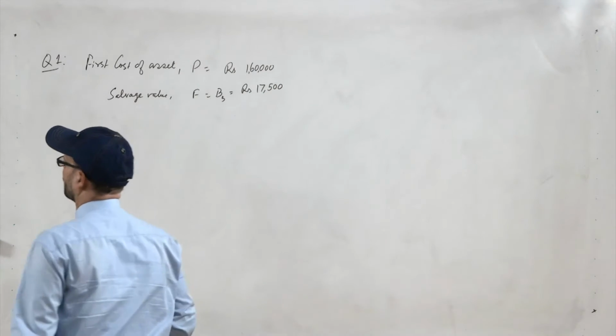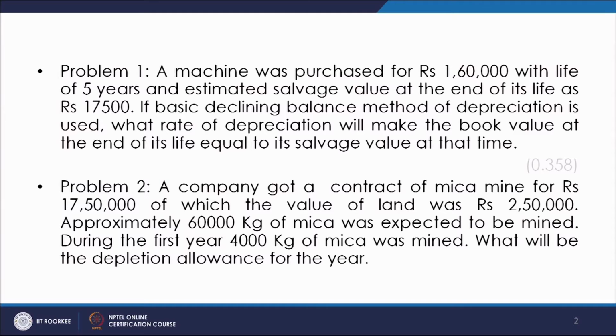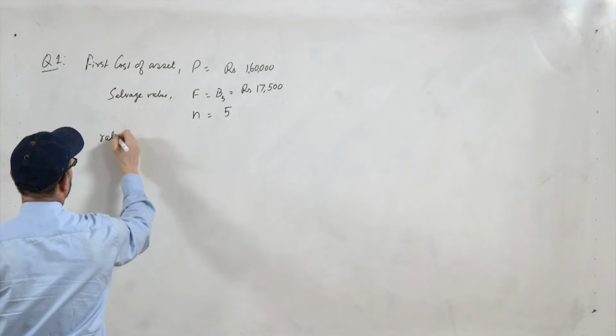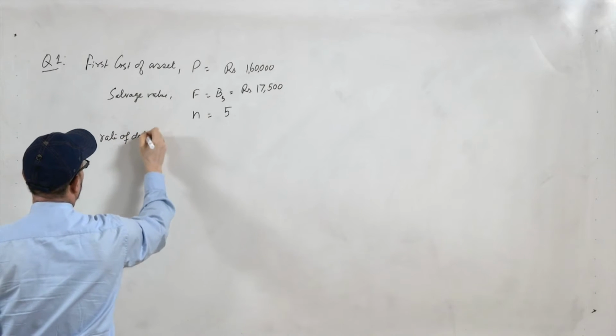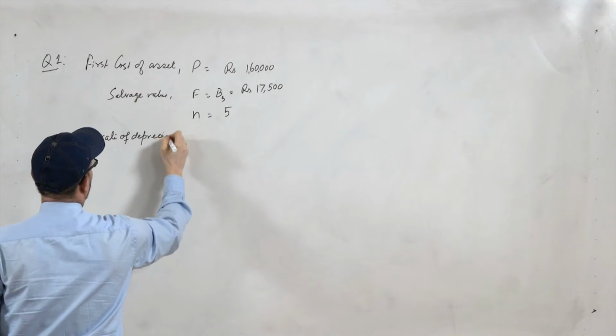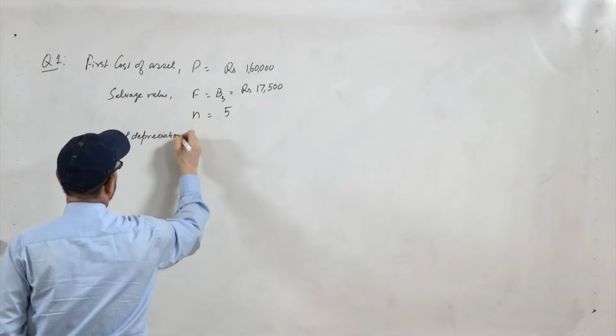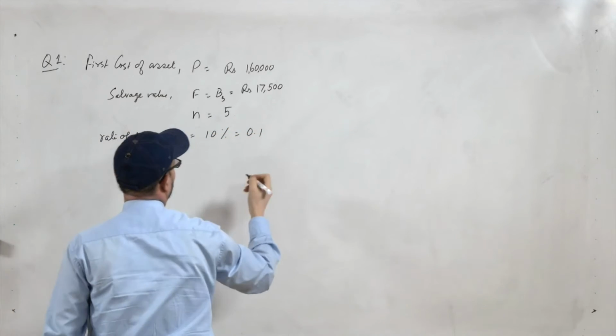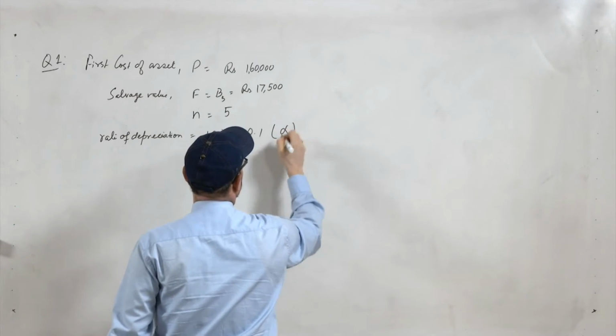Life is 5 years, so N is 5, and the rate of depreciation, 10%, that is 0.1. So, this is alpha.